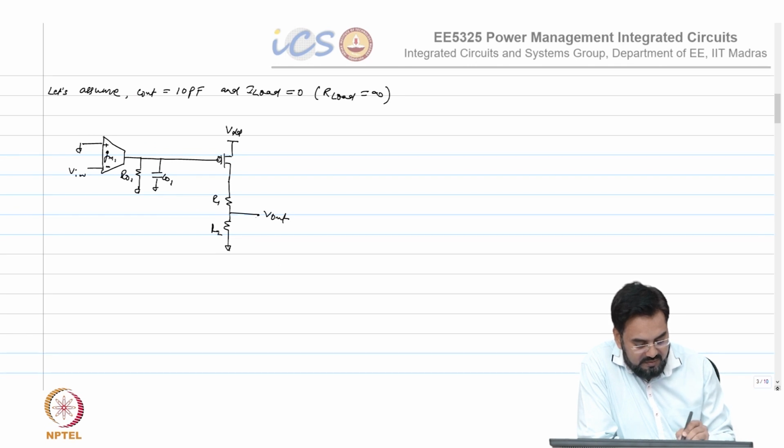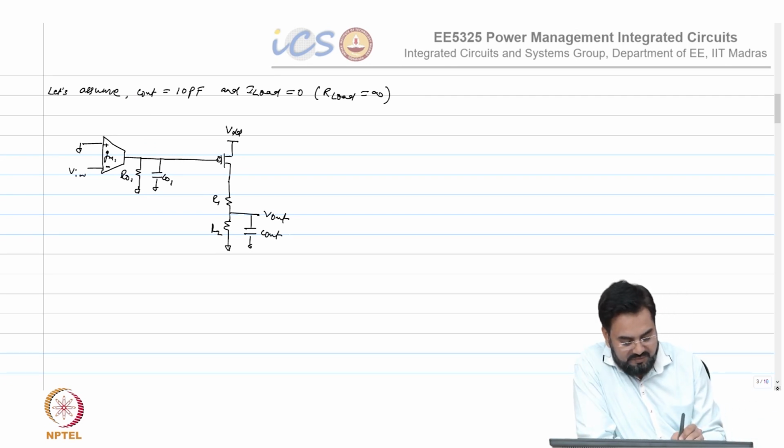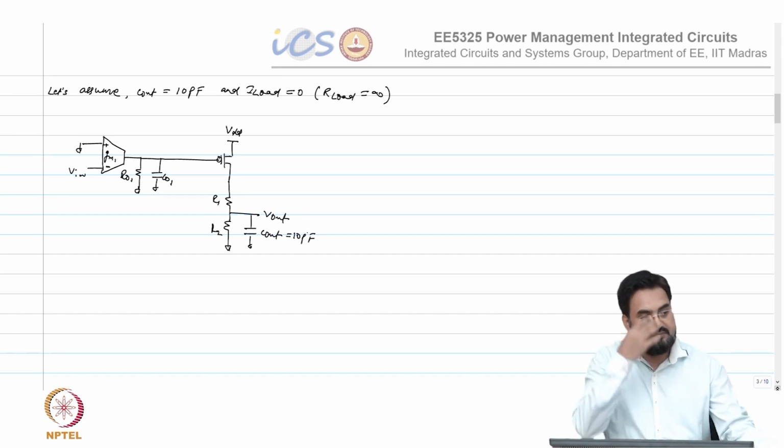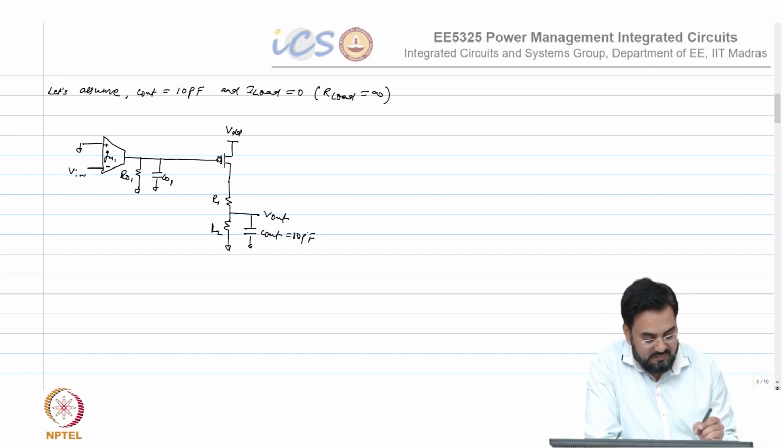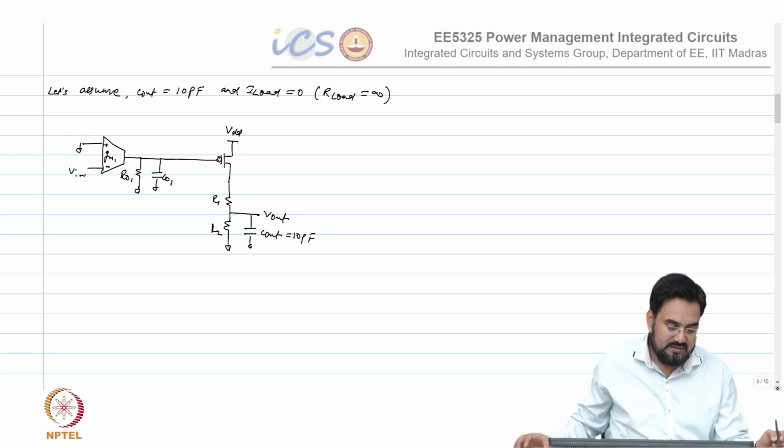R1, R2, and C out, which is 10 picofarad. Correct. What was the value of CO1?